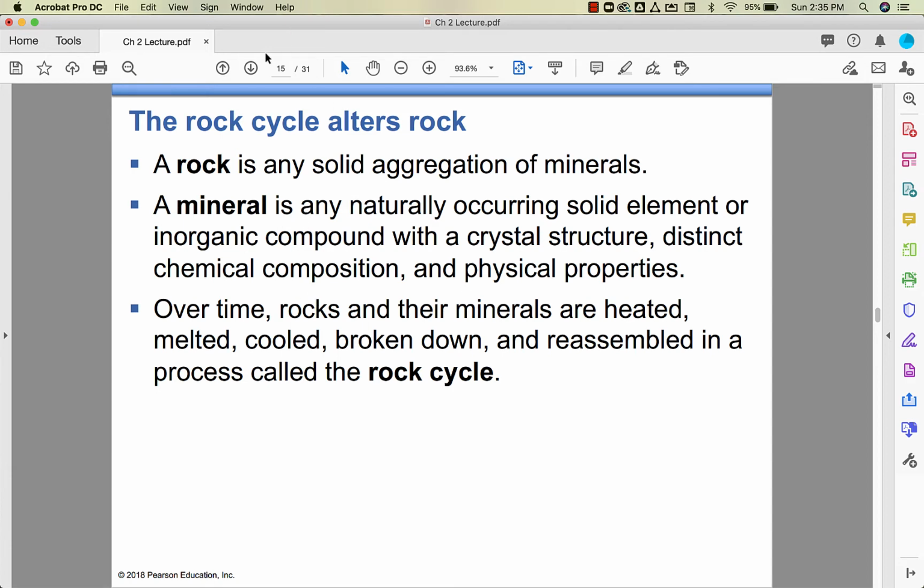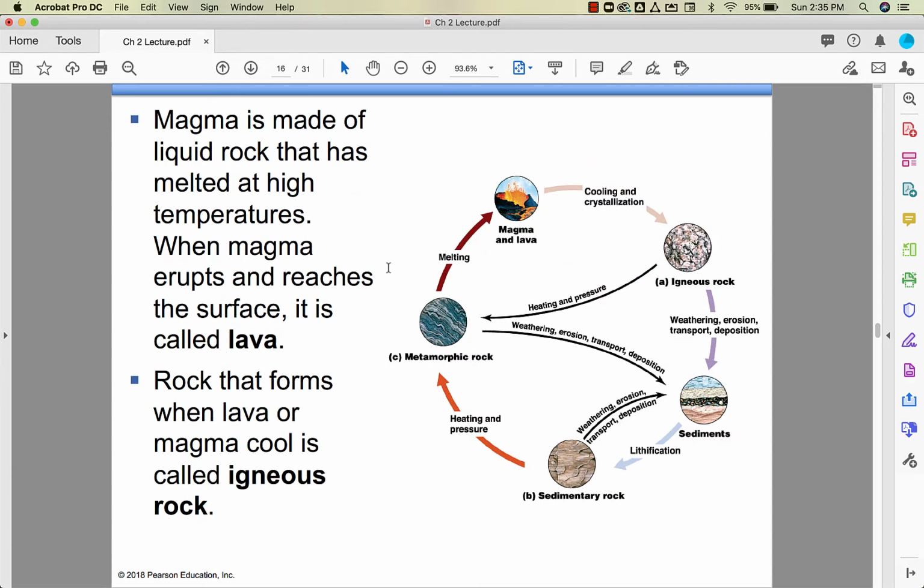So we'll look at that right now. All right, it's a cycle, so you can start in any particular spot. And if you look at this, you can get any rock from any other kind of rock, which is kind of strange. All right, so this starts us with magma, right?